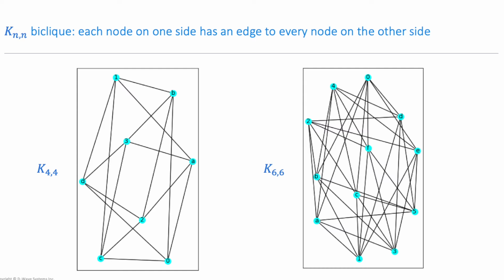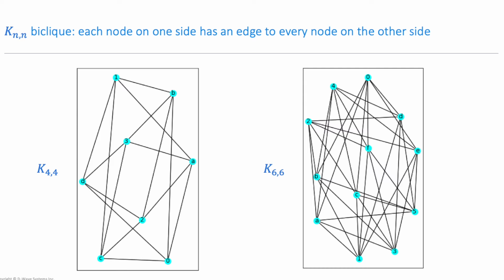But 1, 2, 3, and 4 form one side, and A, B, C, and D form the other side. And so 1 has links to A, B, C, and D, and 2 has links to A, B, C, and D, but 1 does not have any links to 2, 3, and 4.